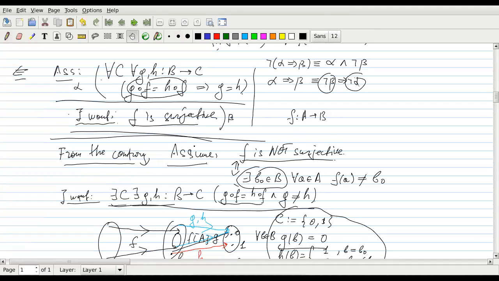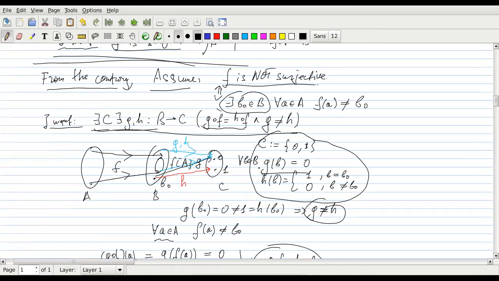And then after that, we used some creativity in order to guess our C, G, and H. Of course, creativity is not a thing which can be routinely taught to students, but from your own experience, you may develop it. Is it clear?